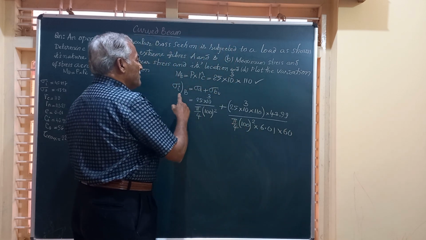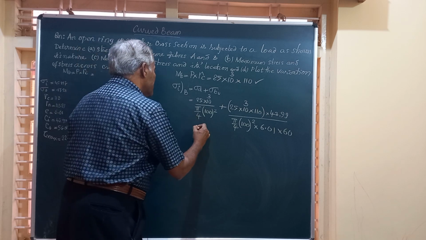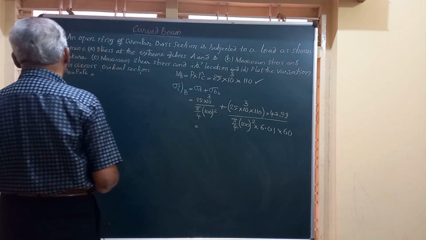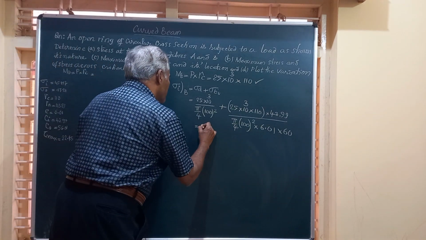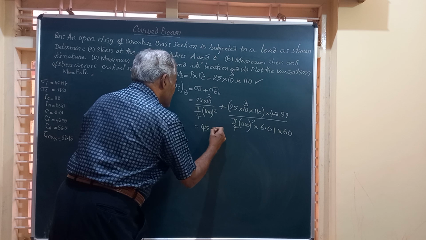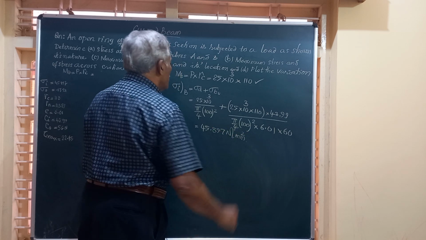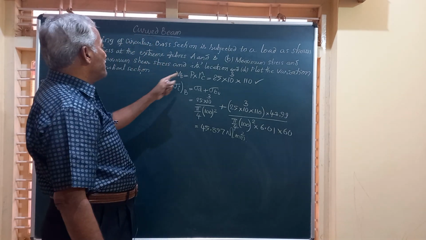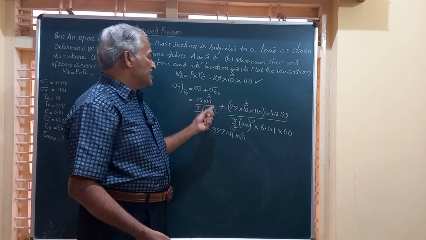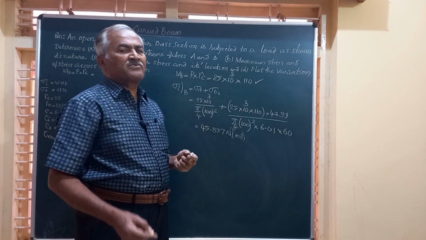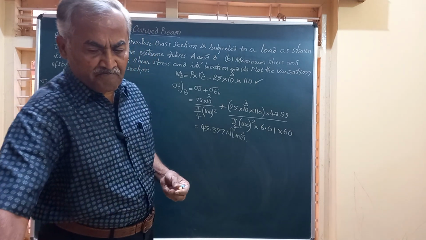So friends, we have made the substitution of all the values, and this works out to sigma I equal to 45.897 Newton per mm square. So, because of this load P at the inner fiber, you are going to have a stress equal to 45.897 Newton per mm square.